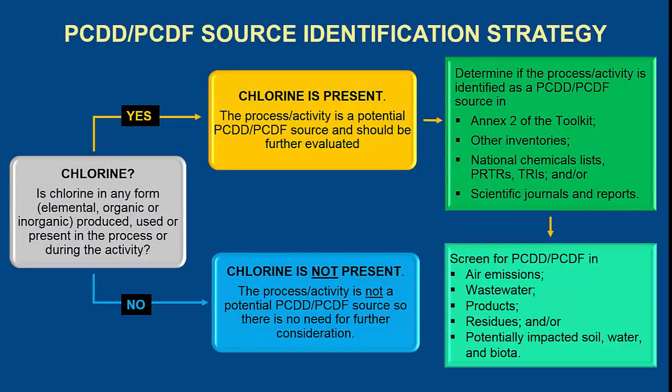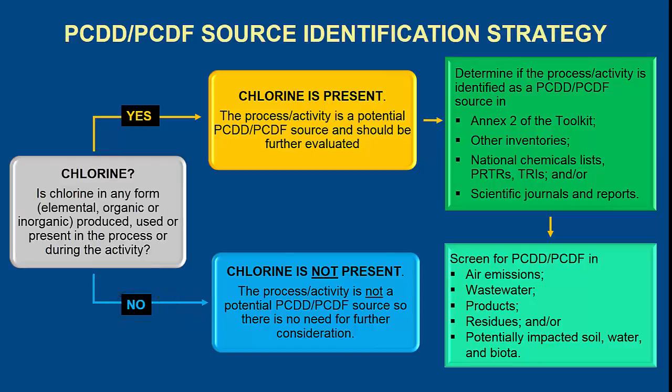Again, chlorine is the key to identifying sources of dioxins and the other UPOPs currently listed in the Convention and addressed in the toolkit. Is chlorine in any form, elemental, organic, or inorganic, produced, used, or present in the process or activity? If the answer is no, there's no need to go further.